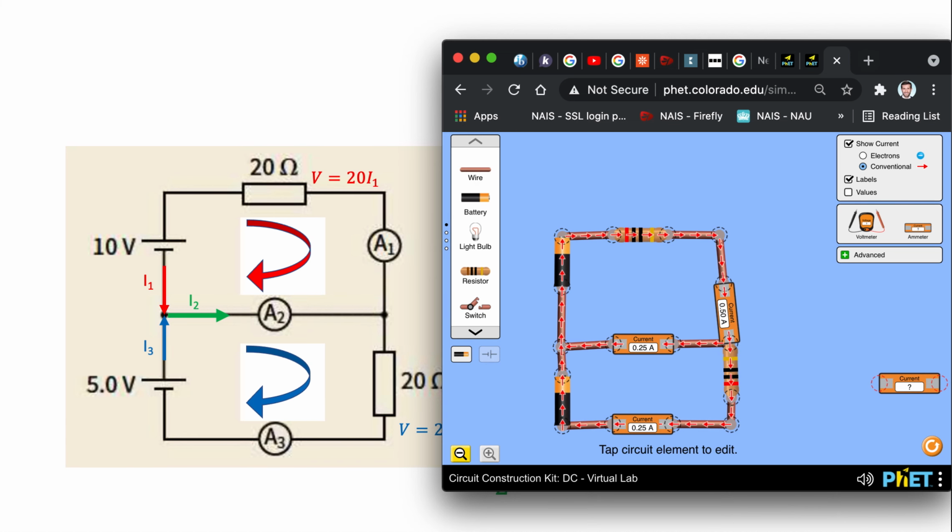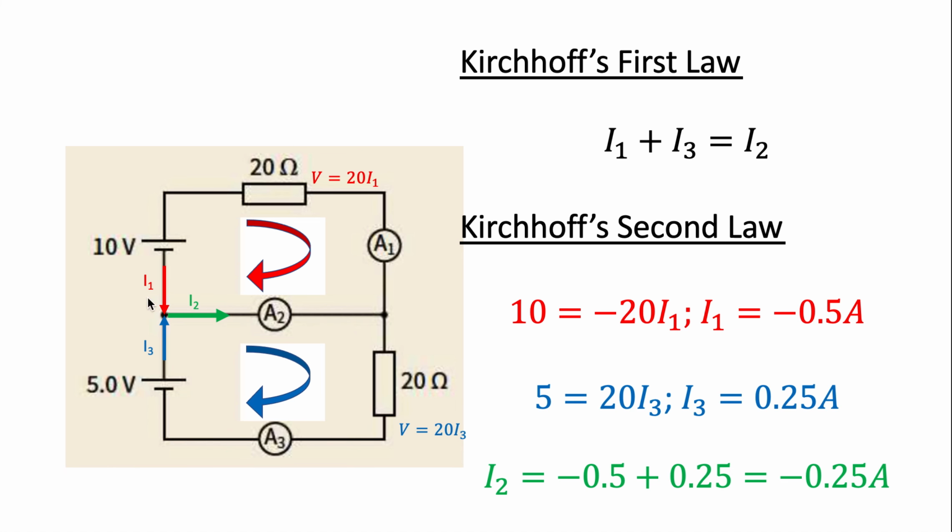And I'll reiterate, those minus numbers simply mean that the current is actually going in the opposite direction. Now, the danger of that is it opens up a conversation about whether current is a vector, whether it has direction or not, but we'll leave that for another time. For now, just be happy that Kirchhoff's law, although it is confusing, actually makes a lot of sense if we take the time to think about the numbers. Thank you for watching.